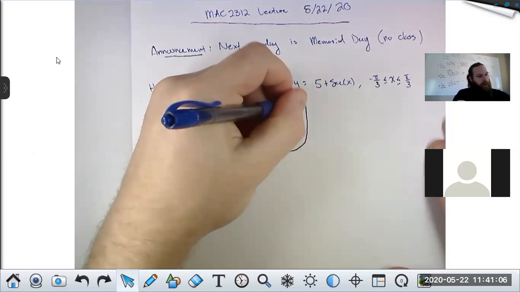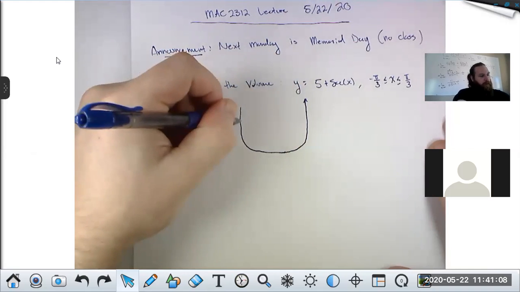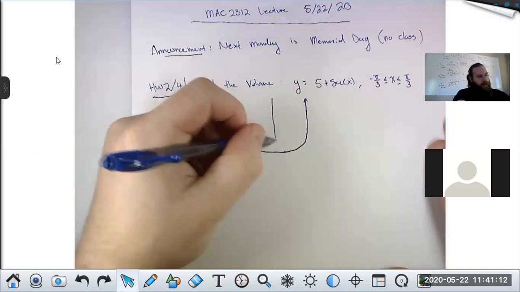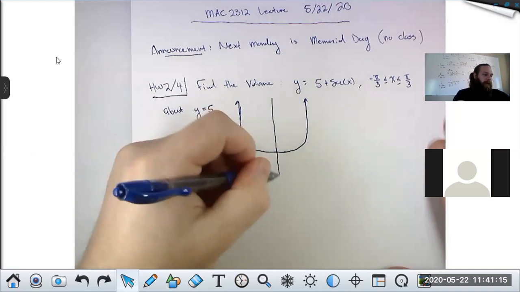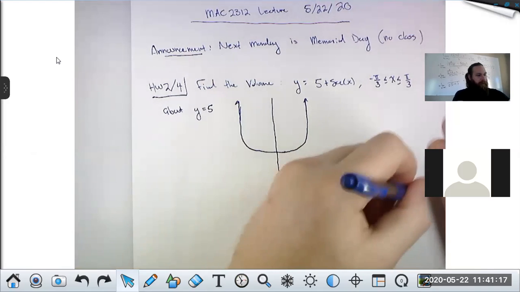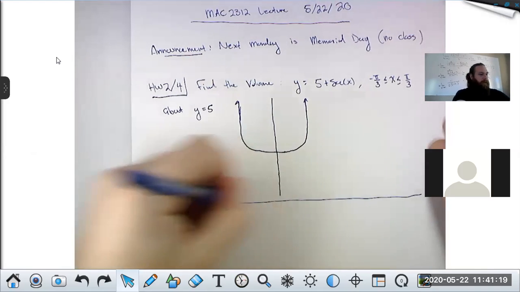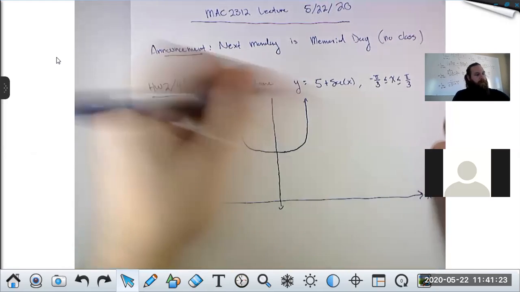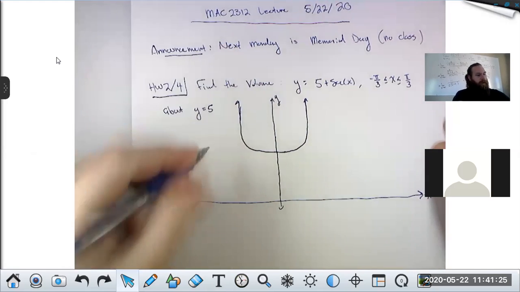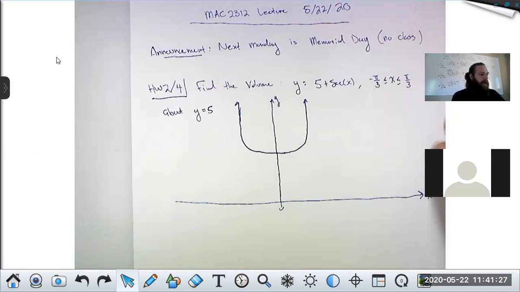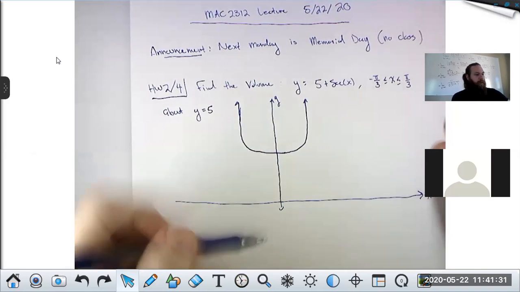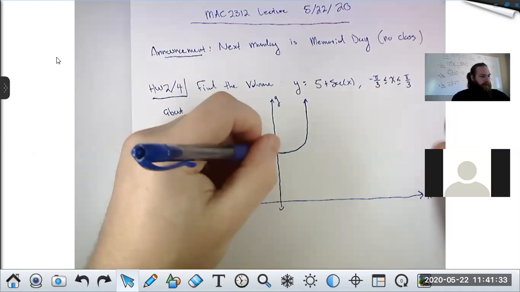And there's a vertical asymptote here at pi over 2 and another vertical asymptote here at negative pi over 2. So this is the y-axis. And if I bump the whole thing up by 5, I'll get something looking about like this. This is my x-axis. This is my y-axis. Secant normally has a min down here at 0, 1. Since this is 5 plus secant, that's going to be 0, 6.